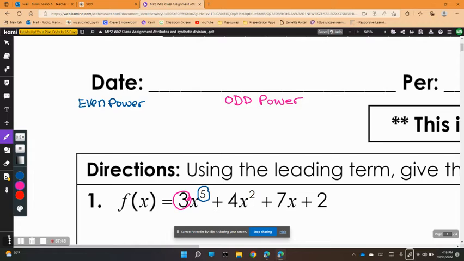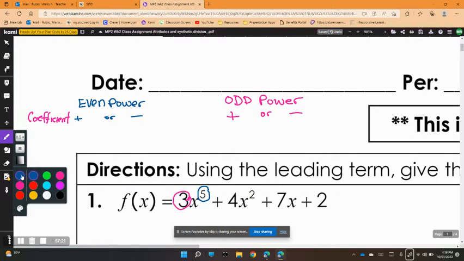And then within the power, you're either going to have a positive coefficient or a negative coefficient. So first we look at the power, and then we look at the coefficient.